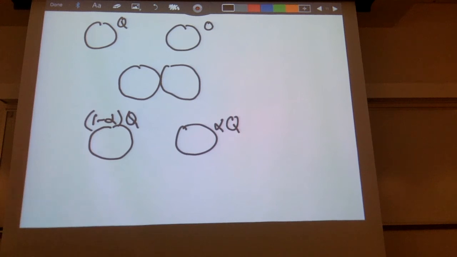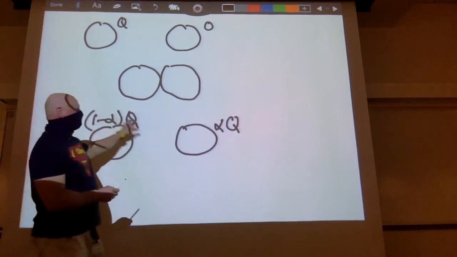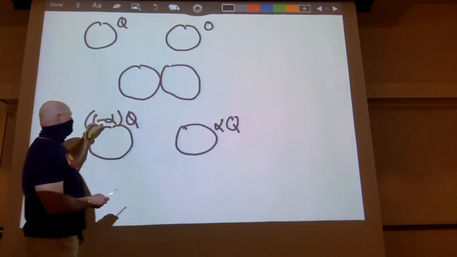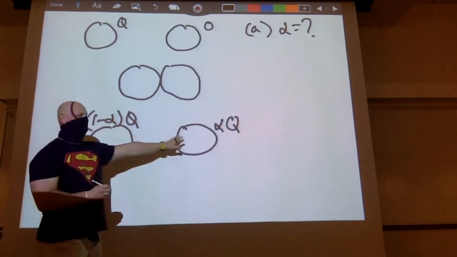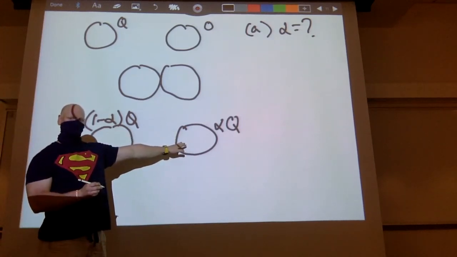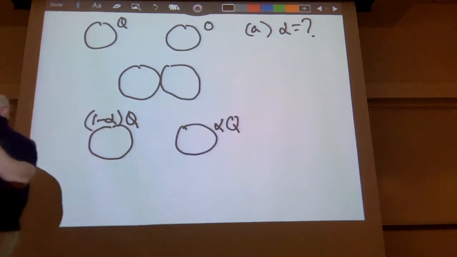So the amount alpha Q went to this one, and this one is left with 1 minus alpha Q. Now what part A is saying is we want to know what is the value of alpha such that the force between these two spheres, which we can pretend are point charges, is maximized.